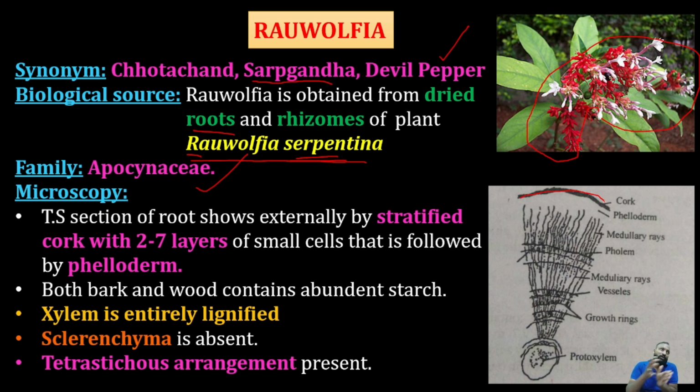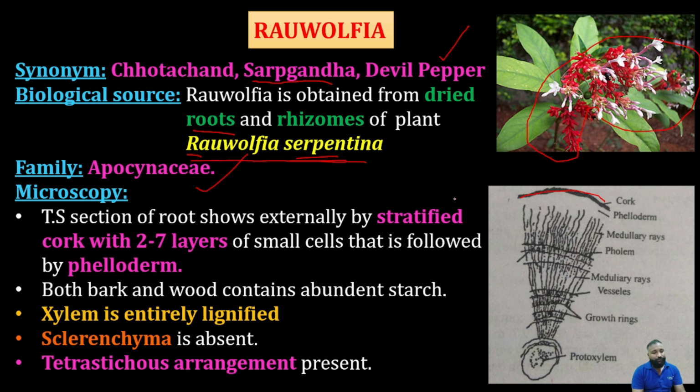So whenever you think of a bark or root or rhizome, your mind should remember that it consists of the outermost layer, that is cork, followed by phelloderm, and followed by phloem. And if it is a bark, there will be cambium. That's a trick, a very basic parameter you should remember.